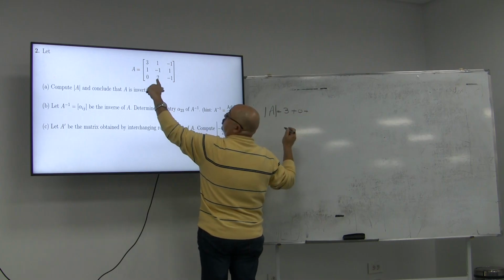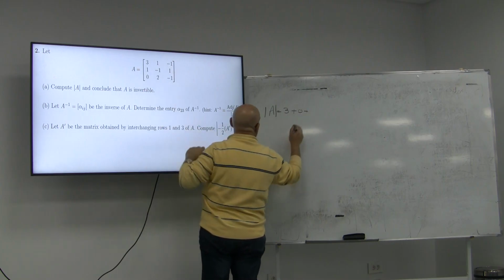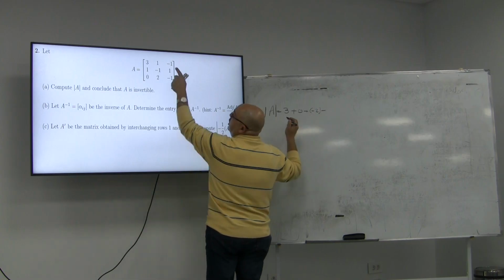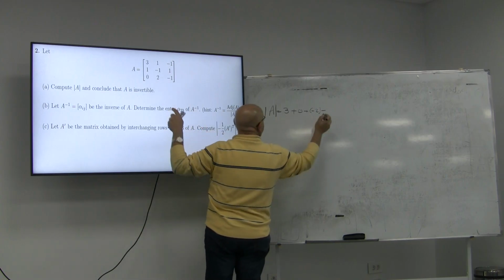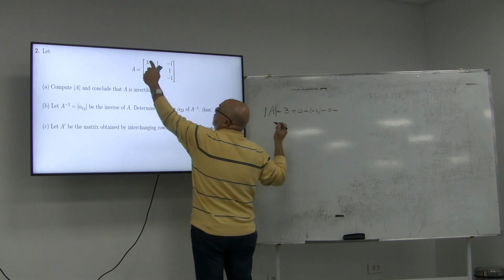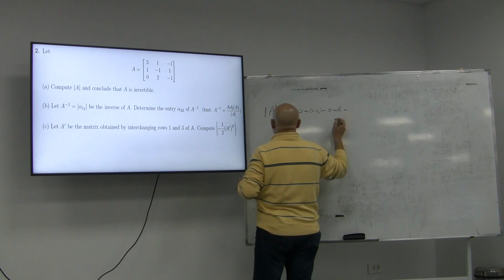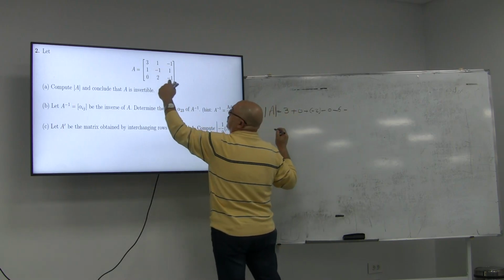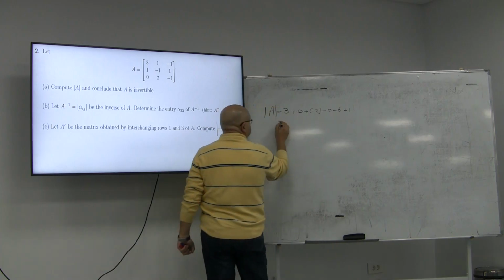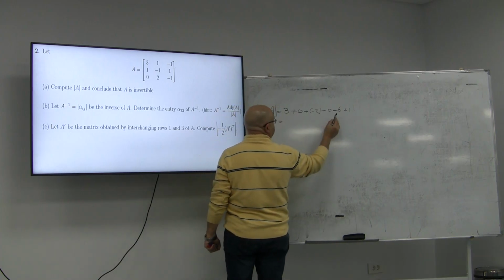Then plus 2 times 1 times -1, which comes to -2. Then minus -1 times -1 times 0, which is 0. Then minus 1 times 2 times 3, which is 6, minus 1 times 1 times -1, which is -1.